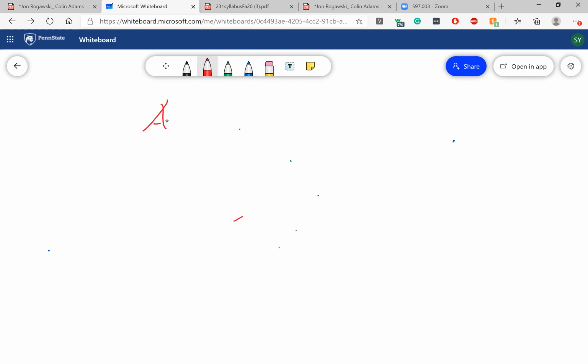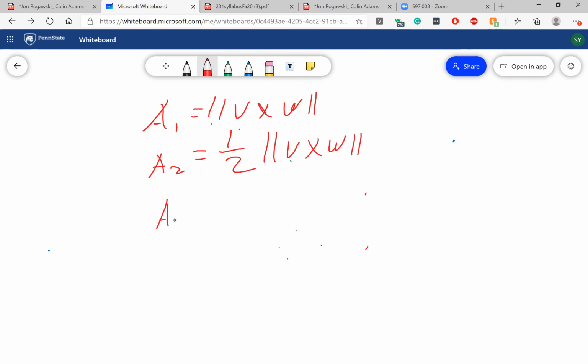For A1, which was the area of the parallelogram between two vectors, we said it was the magnitude of V cross W. For A2, which was the triangle created by these two vectors, we said that this was 1/2 of the magnitude of V cross W. And for A3, which was the parallelepiped where we added a third dimension with another vector, this was equal to the magnitude of U dotted with V cross W.